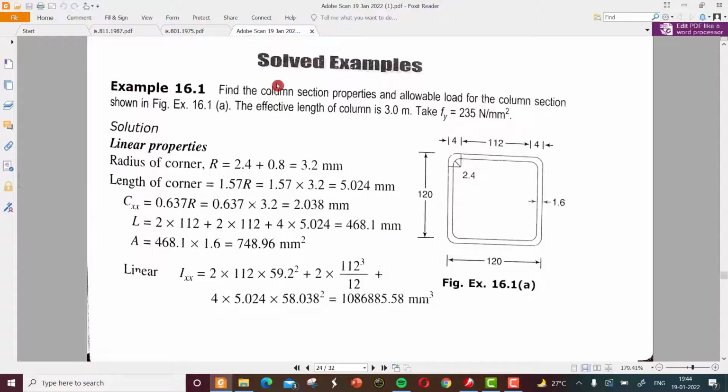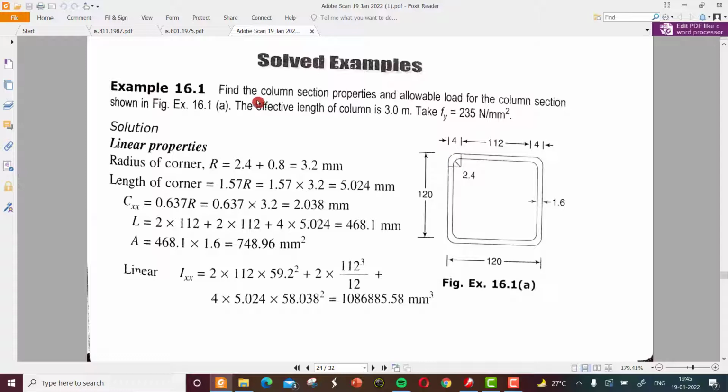Just to remind you again, we are going to analyze the closed section as a compression member. Please remember that I told you that for deflection calculation and for load calculation, effective widths are different for open and closed sections. So we have a different set of equations for this box section.